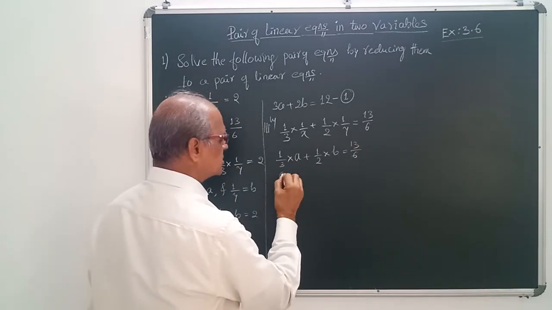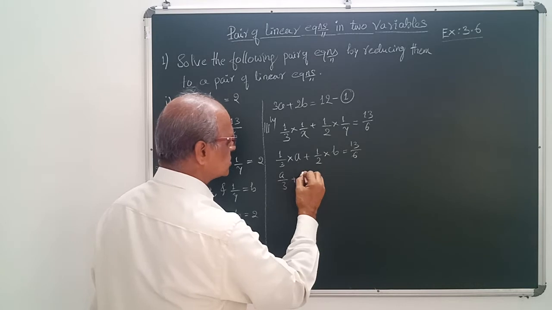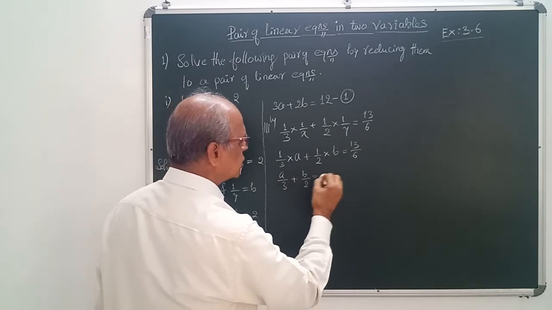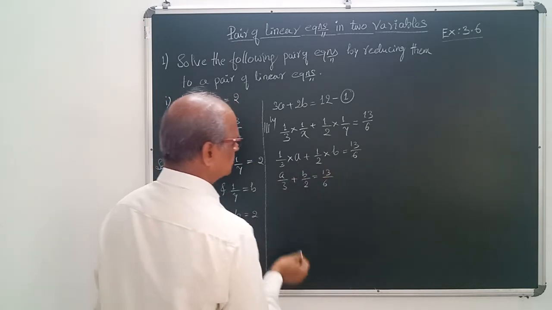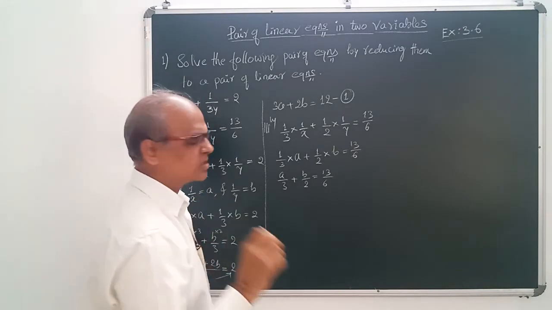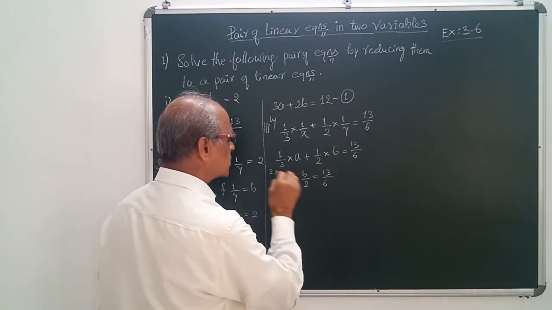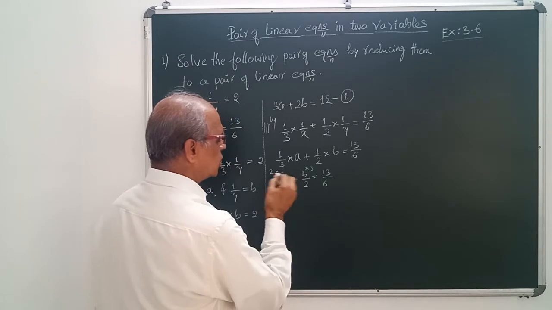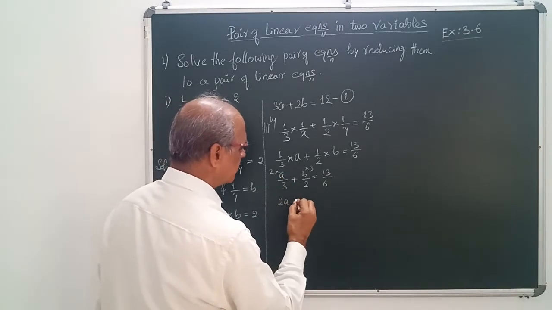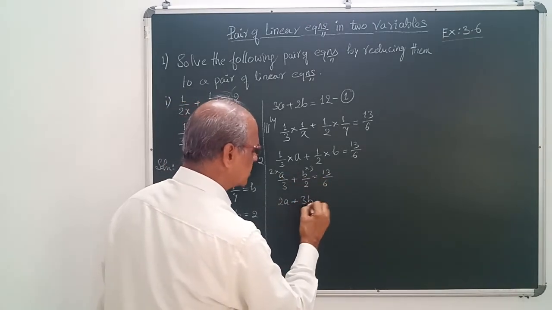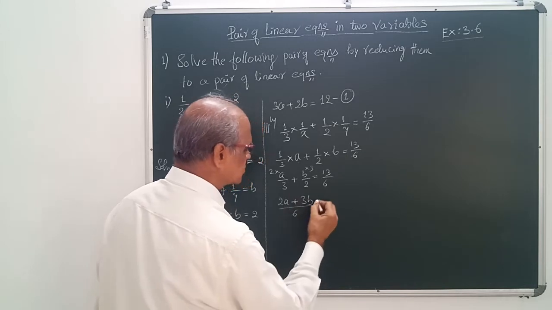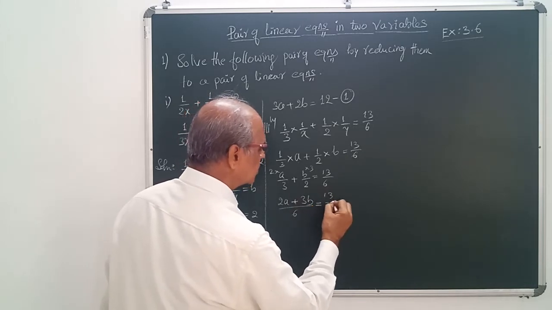Now the next step is a by 3 plus b by 2 is equal to 13 by 6. In this case also 6 is the LCM. Here 3 2s are 6 and here 2 3s are 6. 2 into a is 2a plus 3 into b is 3b, the whole thing divided by your LCM 6, which is equal to 13 by 6.